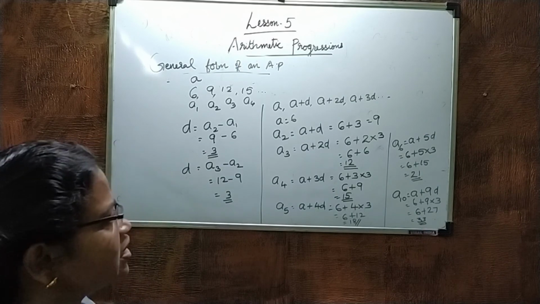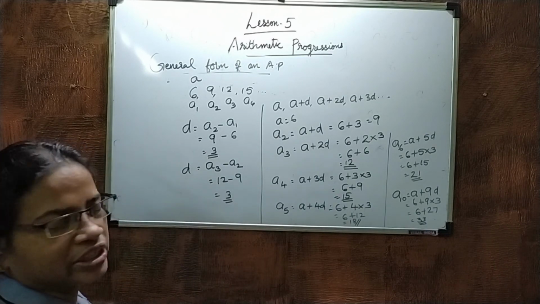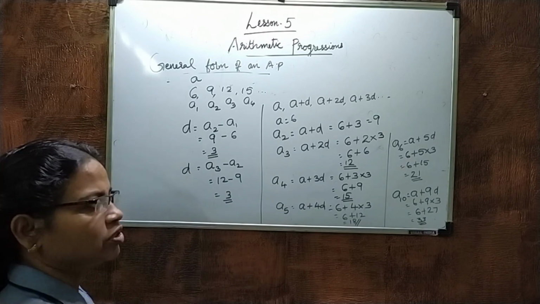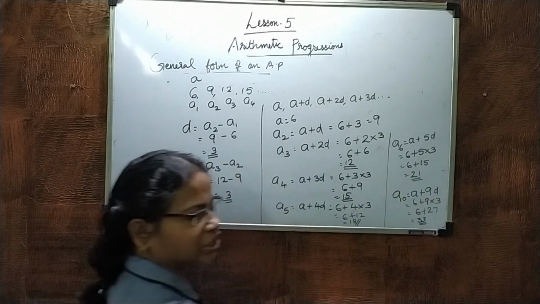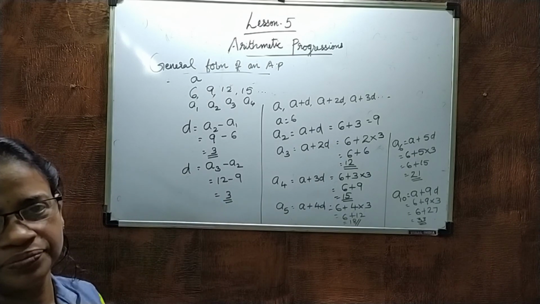Okay. So, this is the way you have to find out how many terms or which term you have to find out. You can do like this. 15th term, so you can find out A plus 14D. If you know D and A means it will be okay. Clear?